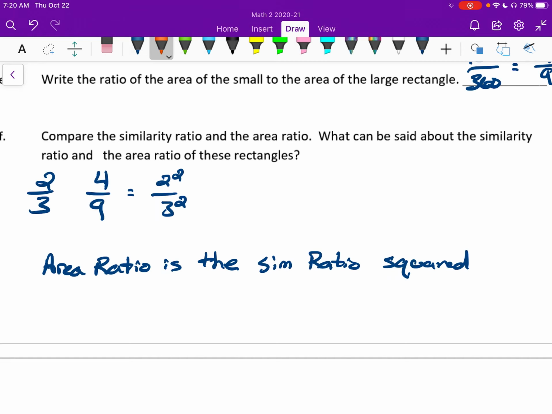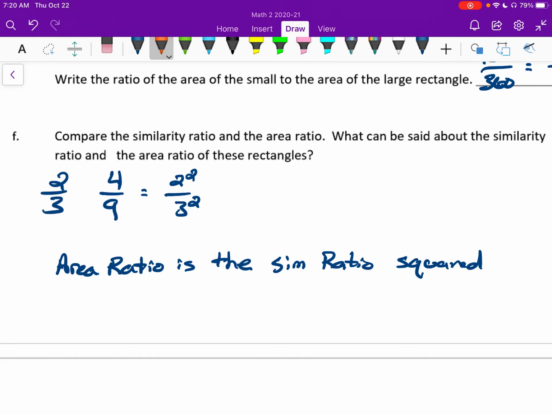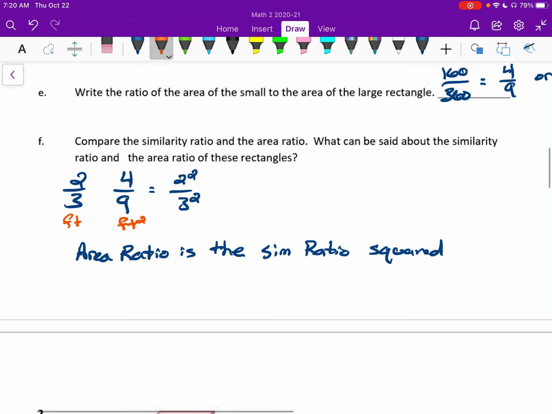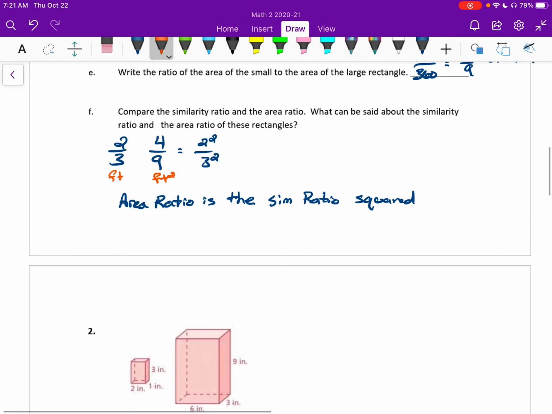Another way to think about this, and a way that helps me remember it, is that the 2 over 3, the similarity ratio, you would measure in plain old feet, because you're talking about just the side lengths. The area ratio would be measured in feet squared. That helps me remember that the area ratio is always the similarity ratio squared. And in order for any of these things to work, the figures have to be similar. So let's go on to the next page.